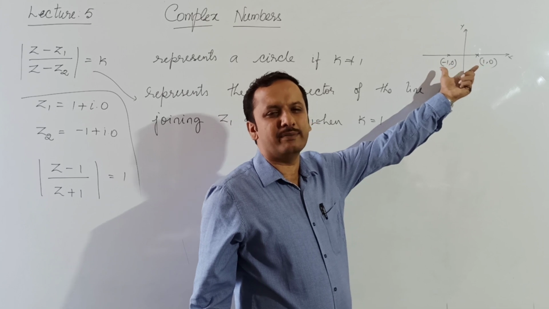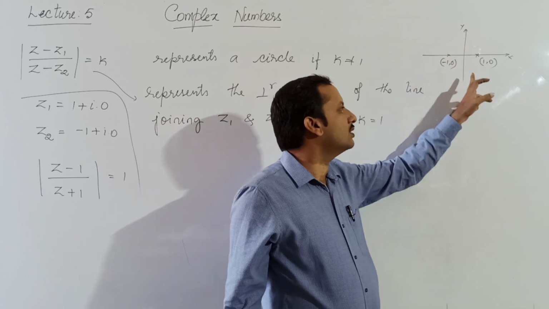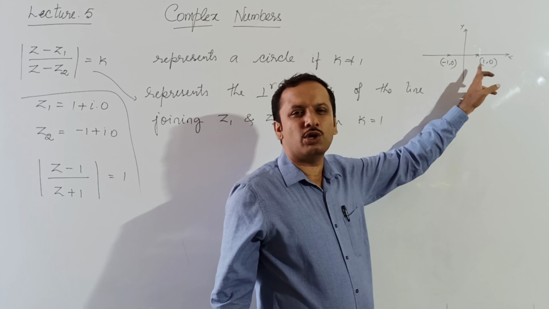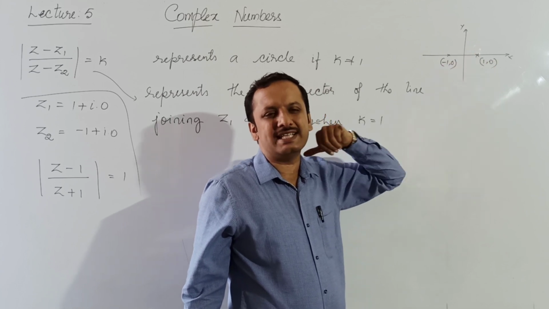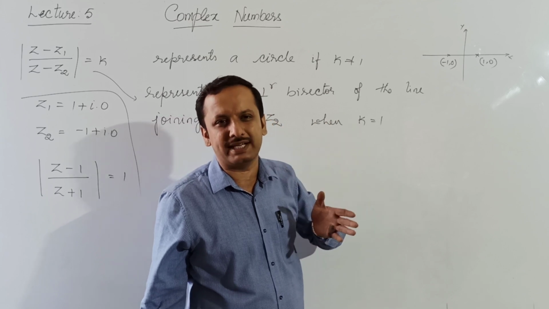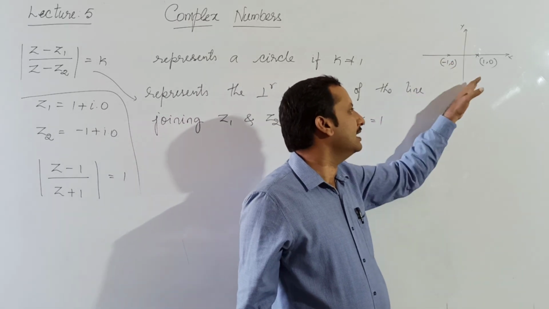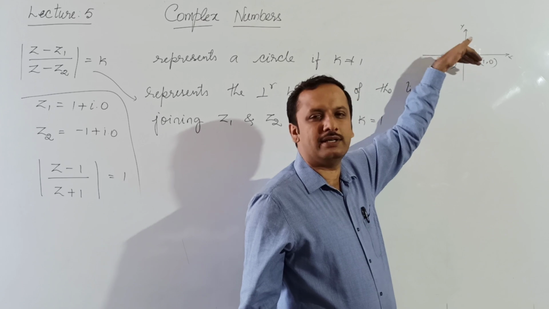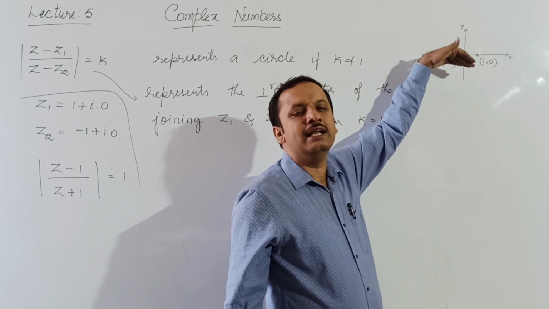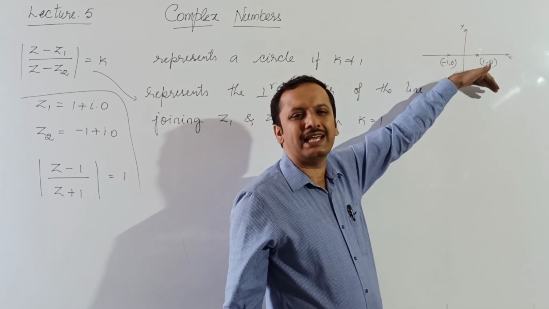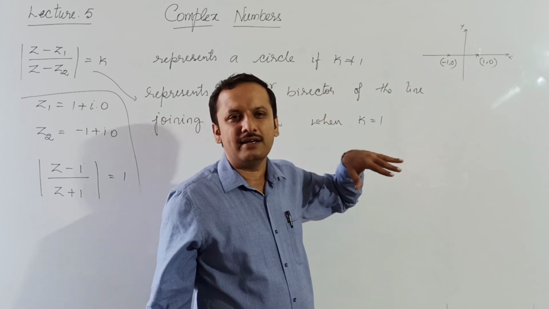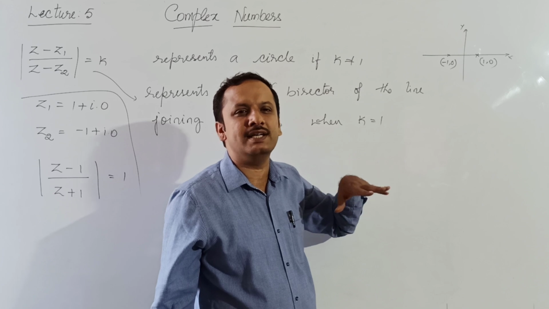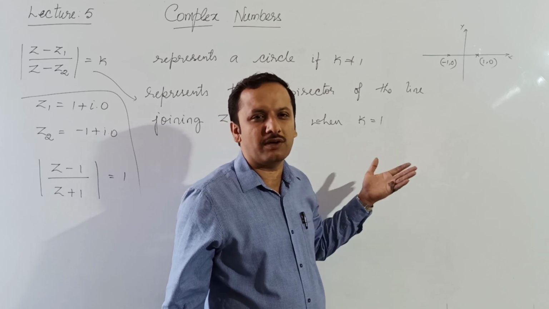Perpendicular bisector means it should pass through the midpoint of the line joining the given 2 points and it should be perpendicular to that line. Perpendicular means it should be perpendicular to the line joining these 2 points. And bisector, as the word suggests, divides it into 2 equal parts.